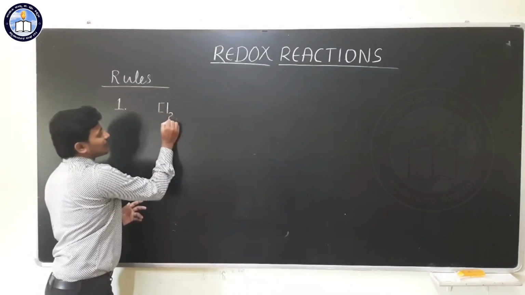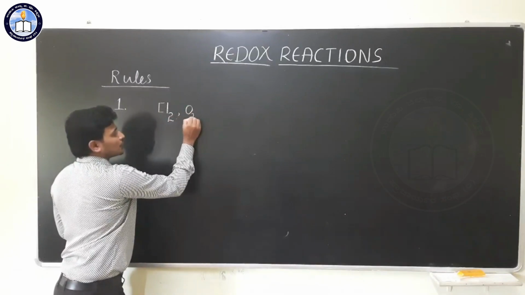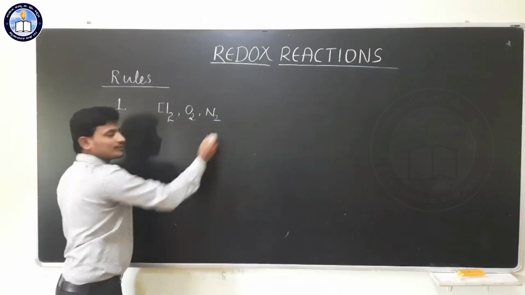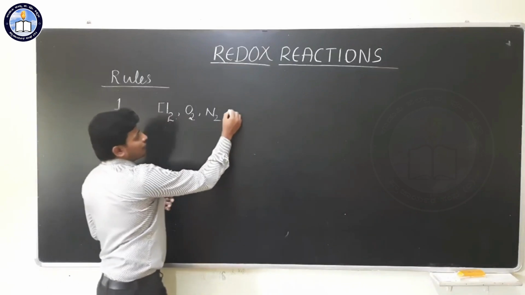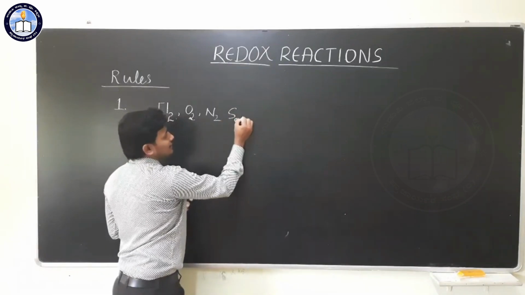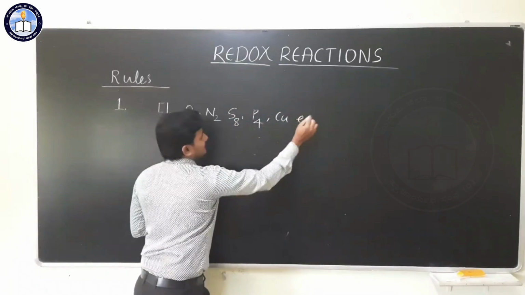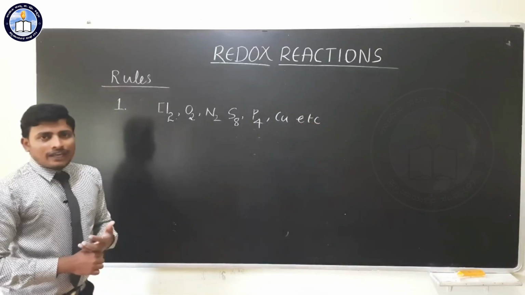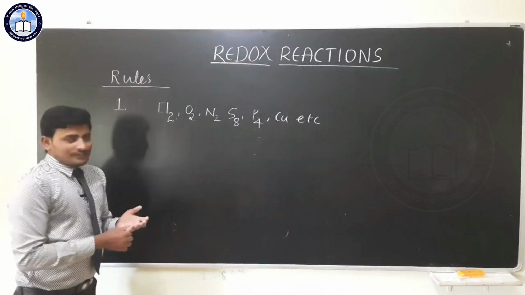For example, Cl2, O2, N2, S8 (sulfur), or copper, etc. What is the meaning of that? Elementary state means the purest form of these elements.